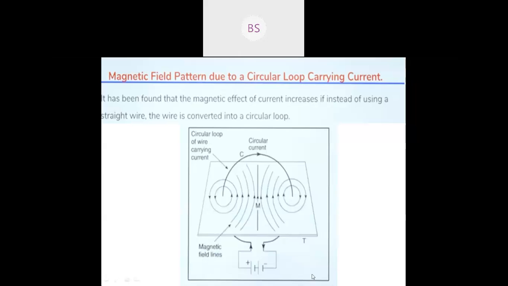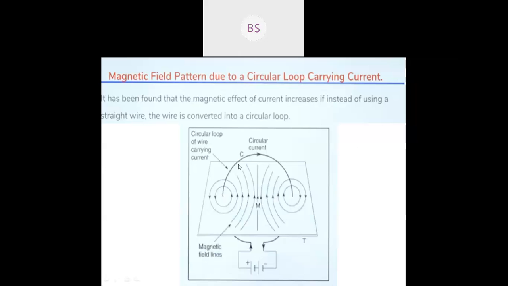Then the fifth point I mentioned: the magnetic field lines become denser if the strength of the current in the loop is increased. As we have seen with the straight current carrying wire, if you increase the current, the magnetic field lines near the ends P and Q will be denser than far away.